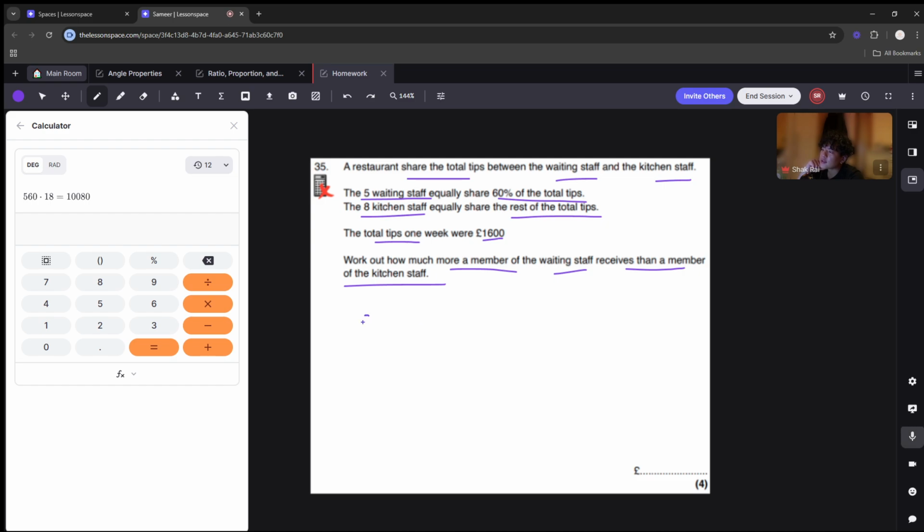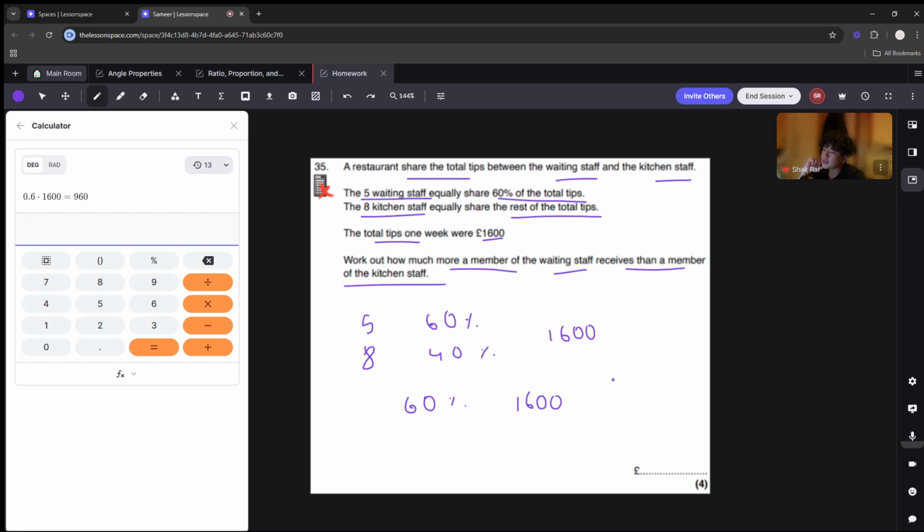So 5 waiting staff equally share 60%. 8 equally share the rest, 40%, I guess. The total tips was £1,600. So essentially, we need to find how much they get. 60% of 1,600 is 0.6 multiplied by 1,600.